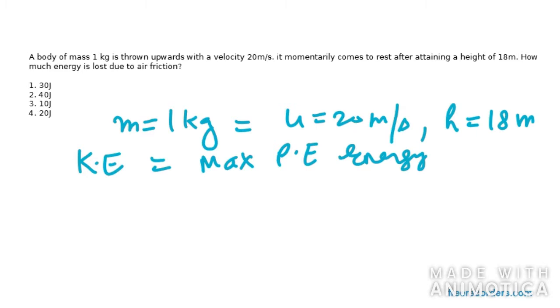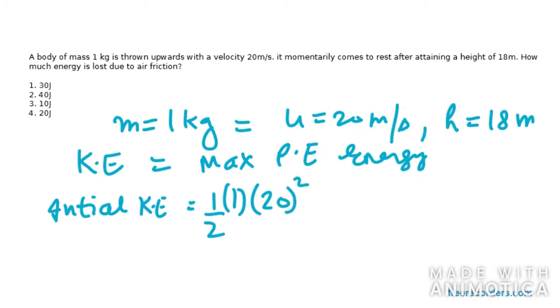Initial kinetic energy will be half m u square. So m is 1, u is 20 square. That means my value will be 200 joule. And kinetic energy is equal to potential energy. That means mgh max would be same as initial kinetic energy. So mgh is equal to 200 joule.